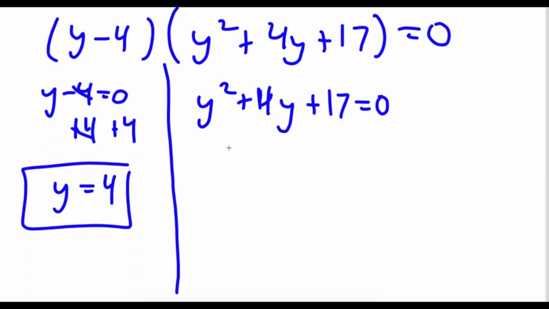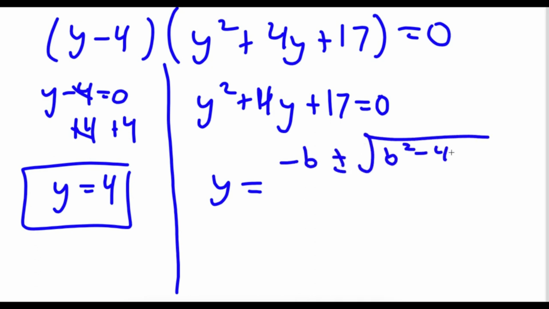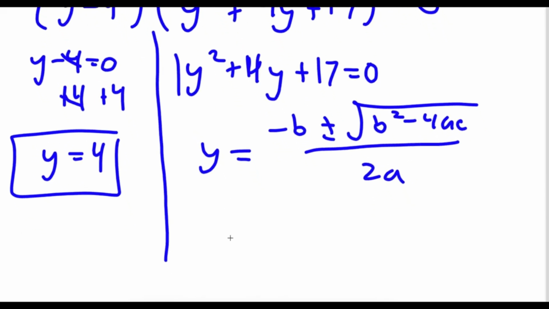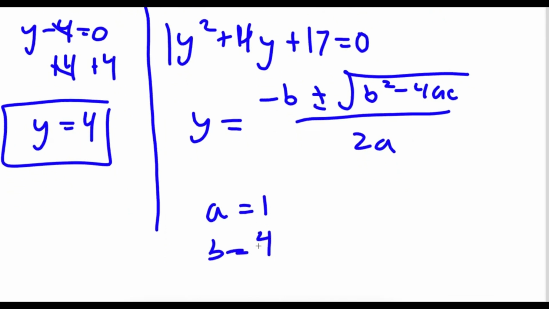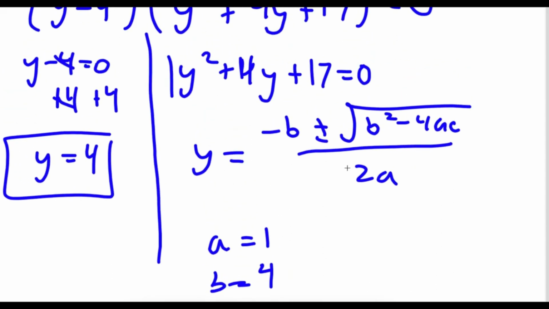For y squared plus 4y plus 17 is equal to 0, I can use the quadratic formula, which is negative b plus or minus the square root of b squared minus 4ac all over 2a. So in this case, a is equal to 1, b is equal to 4, and c is equal to 17.